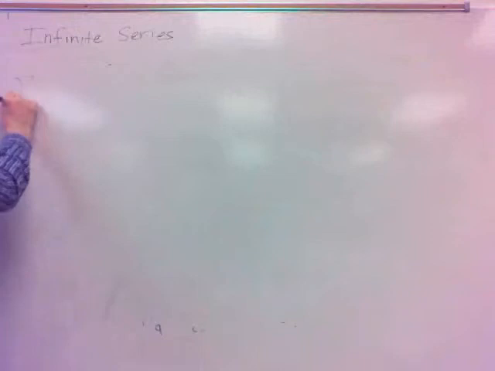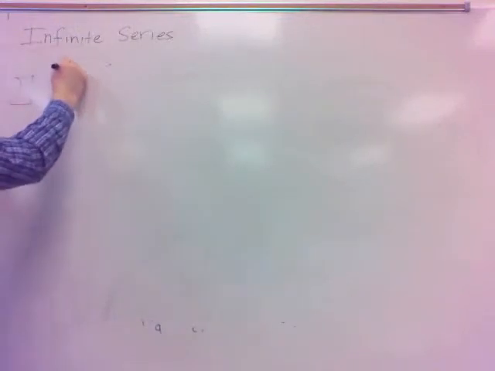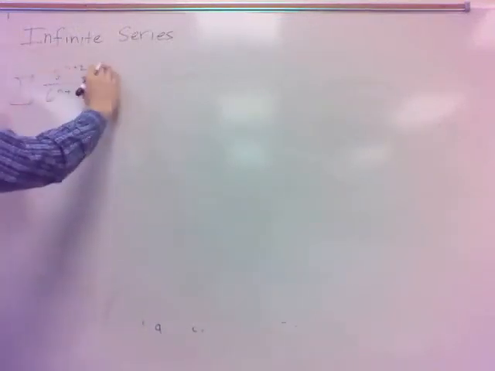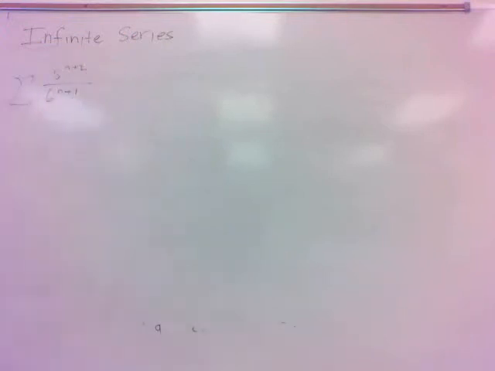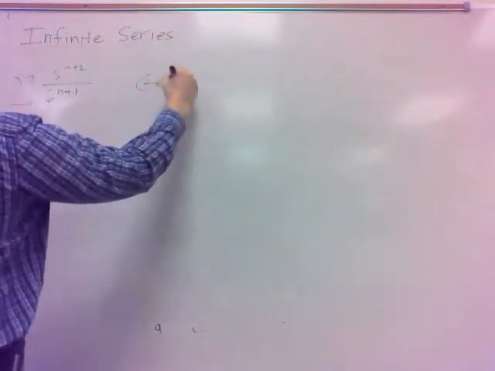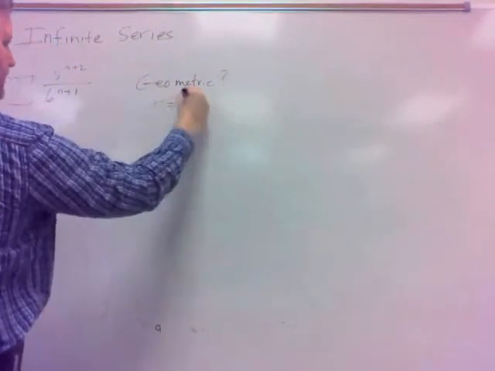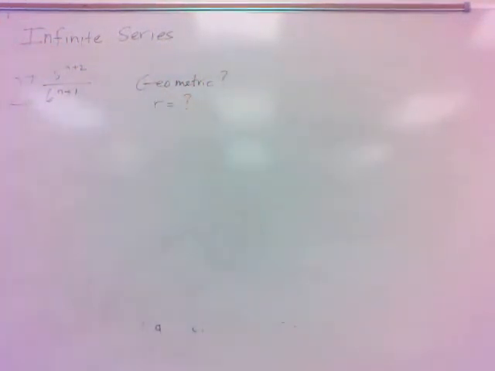So let's say we've got the series 5 to the n plus 2 over 6 to the n plus 1. Is that one geometric? If so, what is R? Think so?